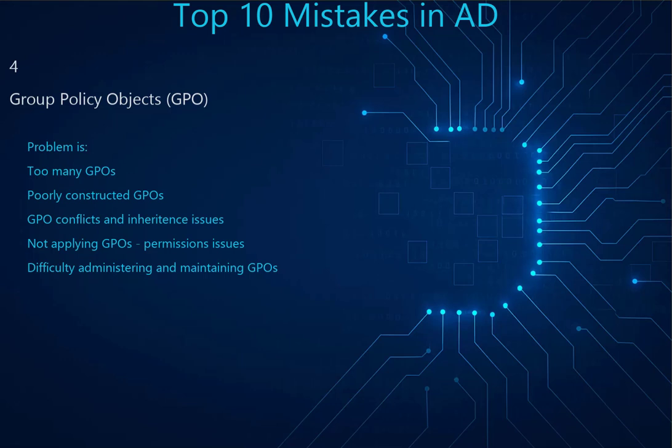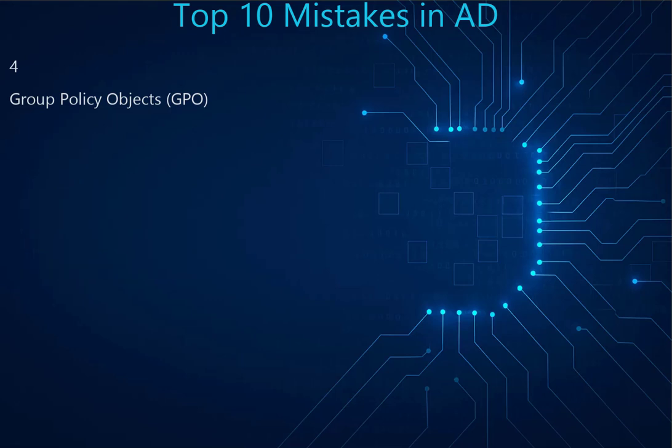Basically, they just threw up any GPO for anything they needed at any point, and they didn't consider combining GPOs appropriately, linking those GPOs, considering inheritance and override and all those kinds of things.